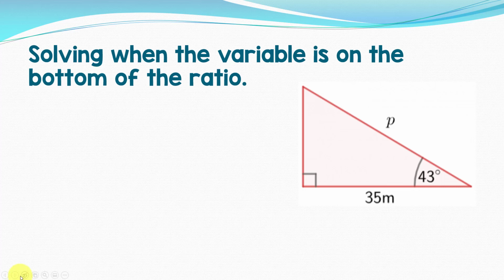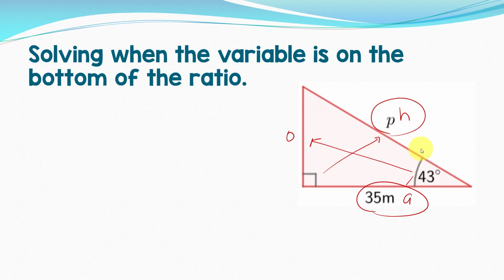So all the ones we've done so far, it ended up where the variable was on top of the fraction, and now what happens when the variable is on the bottom. So let's do this one. Again, same idea. This is opposite, this is adjacent, this is hypotenuse. I need adjacent and hypotenuse, so think about what trig ratio is that.